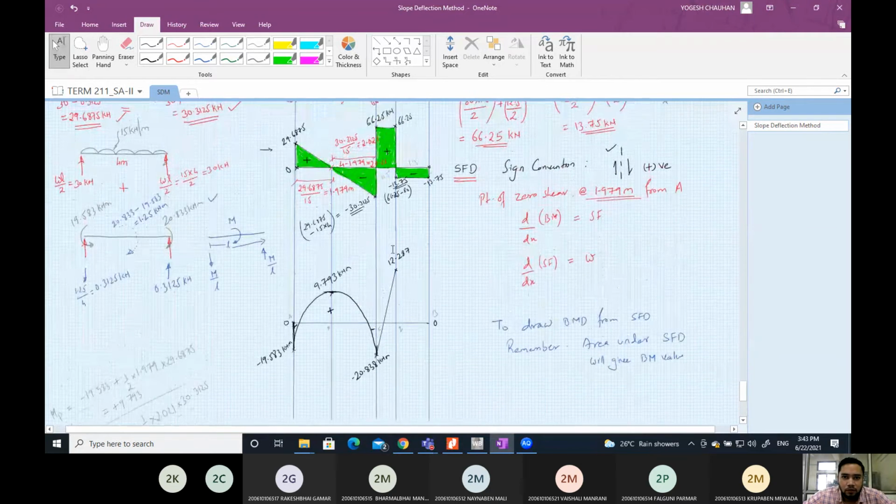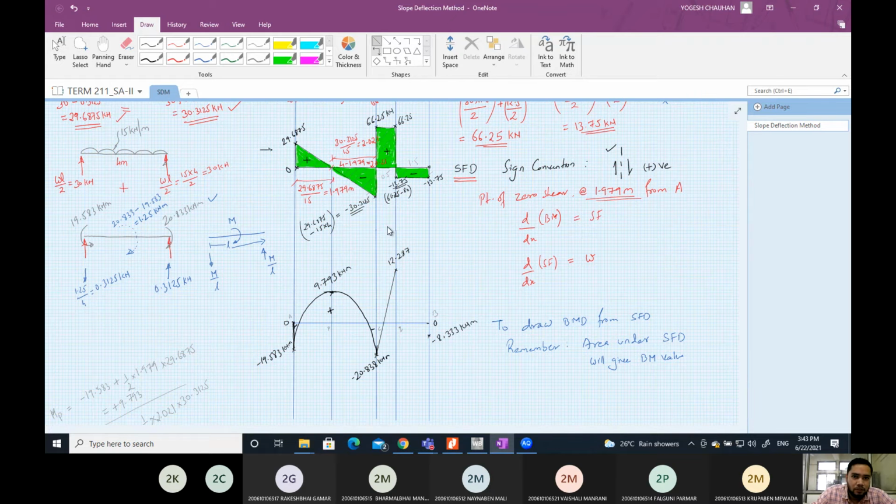So see, 12.283 minus 13.75 into 1.5, so this will give you minus 8.333 kilonewton meter. So you simply just draw a line.